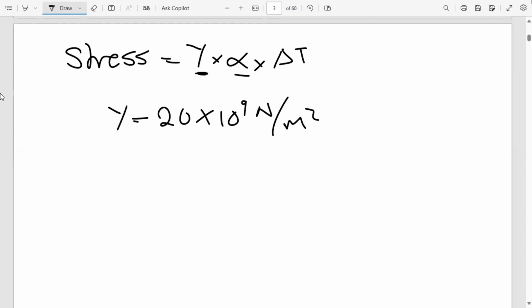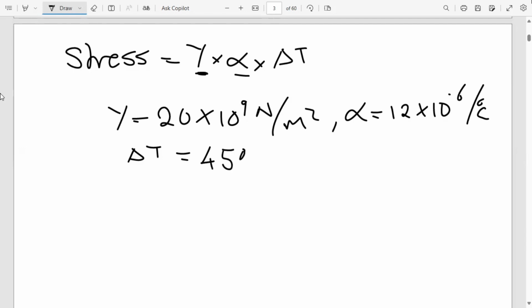Then they've given us alpha, which is 12 times 10 to the power minus 6 per degree Celsius. We have also been given the change in temperature, which is equal to the final temperature minus the initial temperature. The final temperature is 45 degrees Celsius, whilst the temperature on the day of construction was 9 degrees Celsius. So our change in temperature is going to be equal to 36 degrees Celsius.